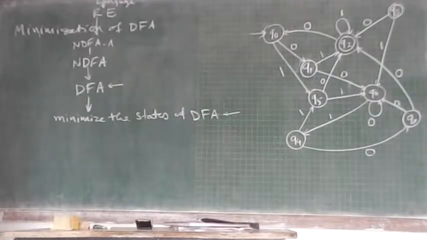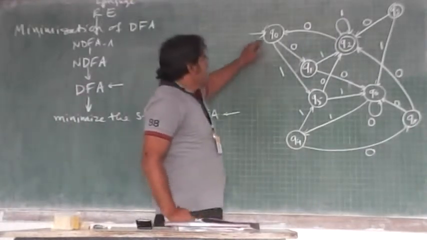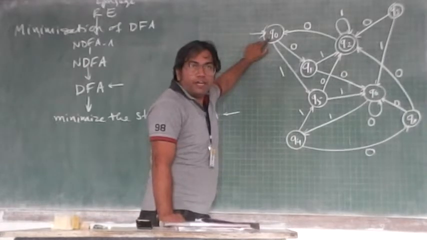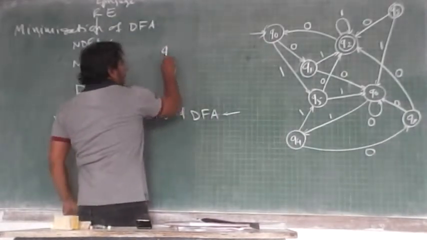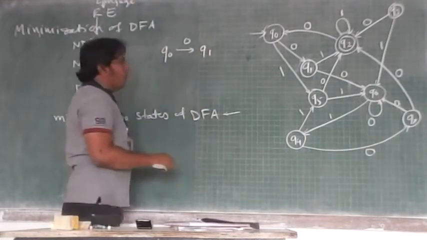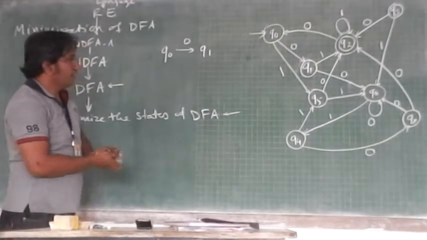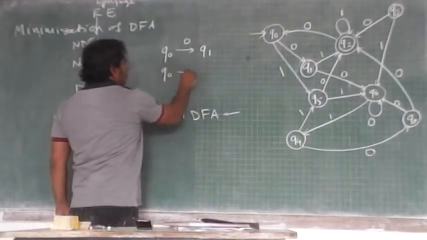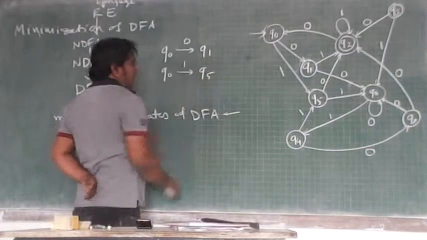If you do some observation, from Q0 for 0, where am I going? From Q0 for 0, I am coming to the state Q1. And for 1, from Q0, I am coming to the state Q5.